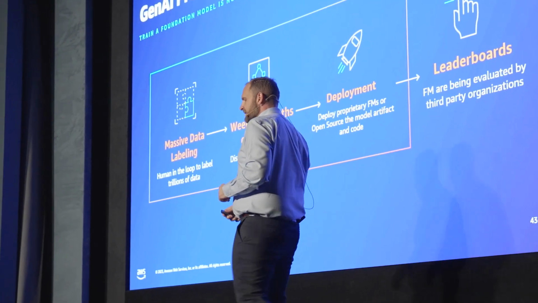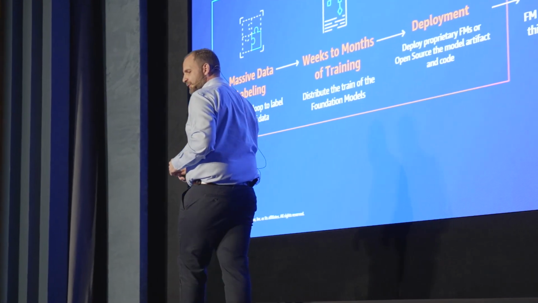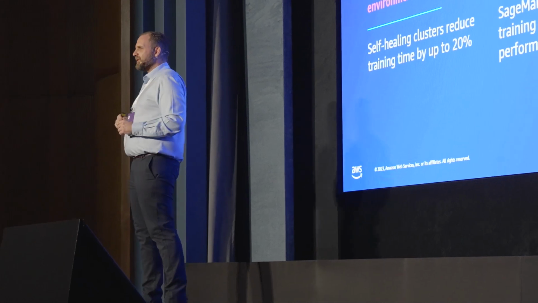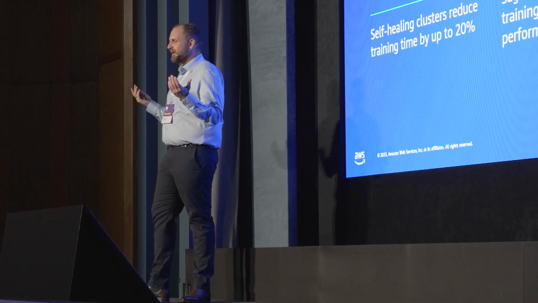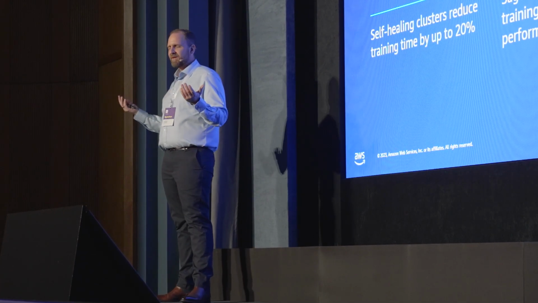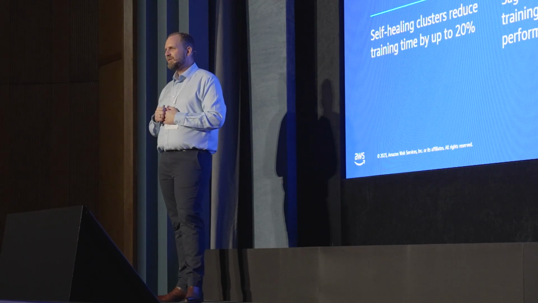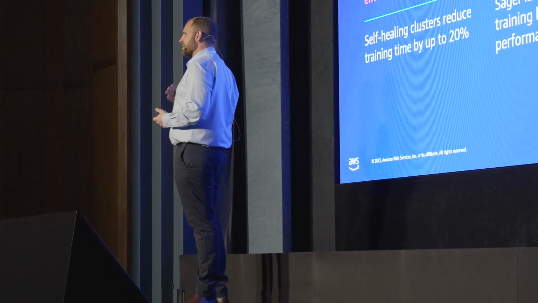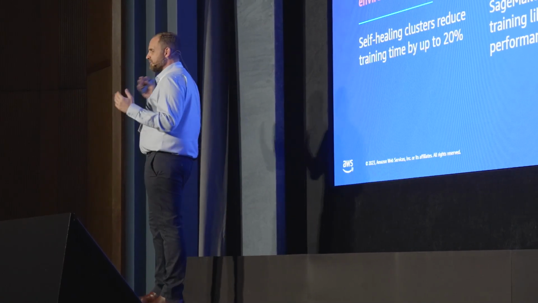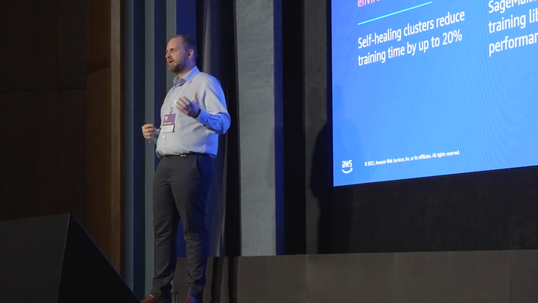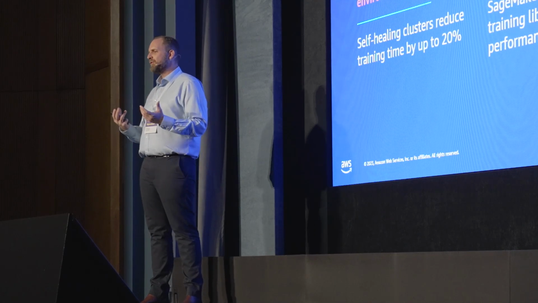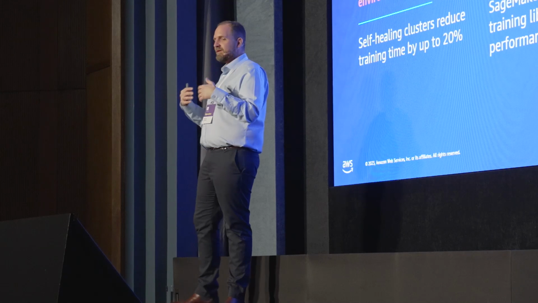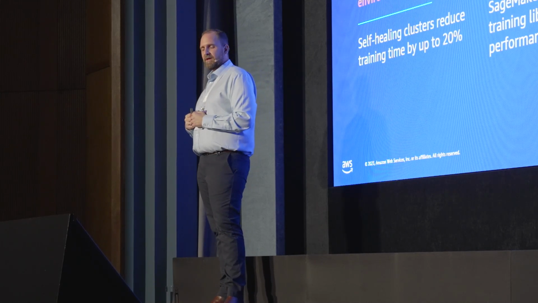Now, if this process takes months and weeks, right? How can we make sure that the hardware does not go down? The hardware is error prone, right? Something might happen within one month and you lose everything. So what AWS said is we will help these providers build their own foundation models with SageMaker HyperPod. SageMaker HyperPod is nothing else than a cluster of machines that they can run this training on to build their own models.